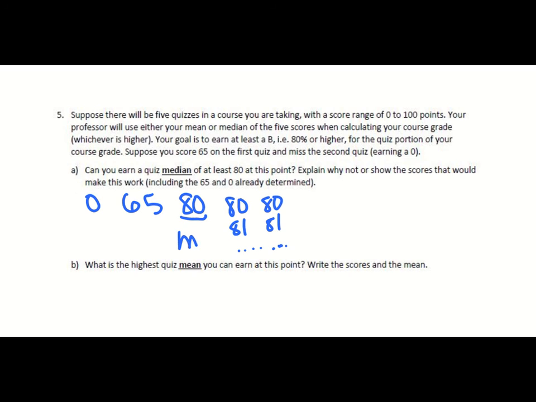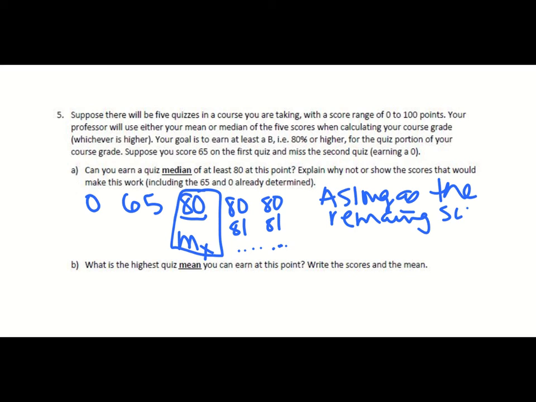So this middle one has to be an 80. So as long as the remaining scores are 80 or higher, the median will be 80.